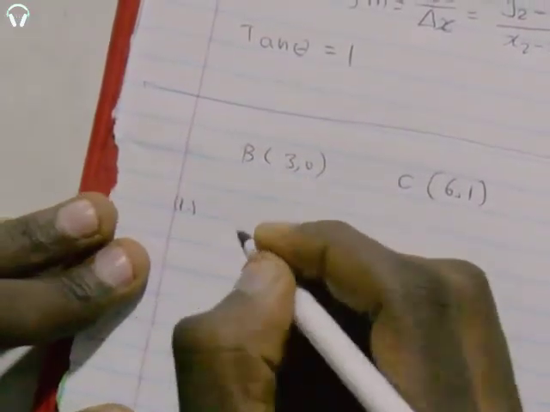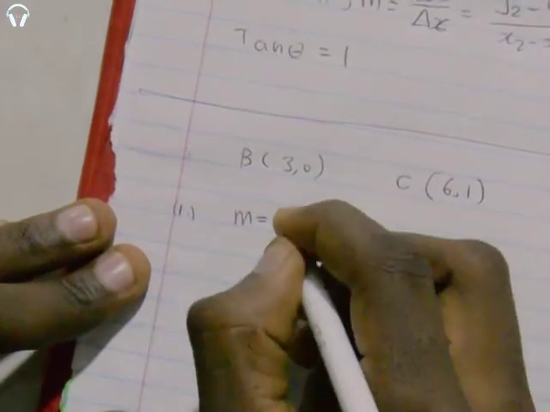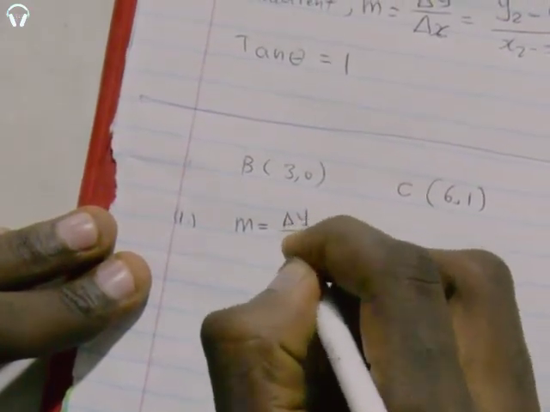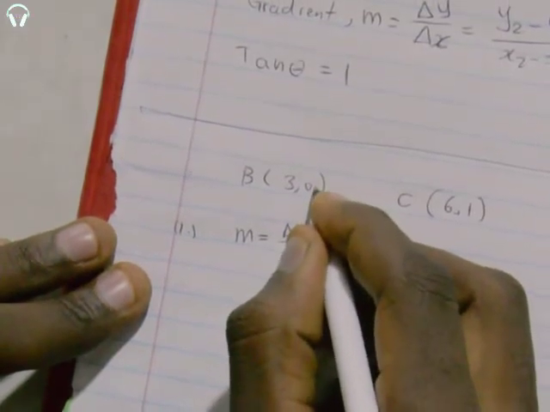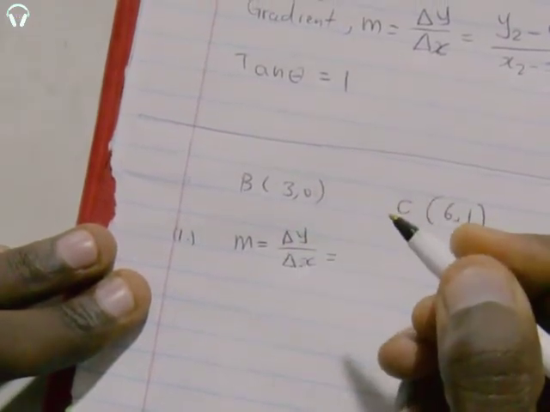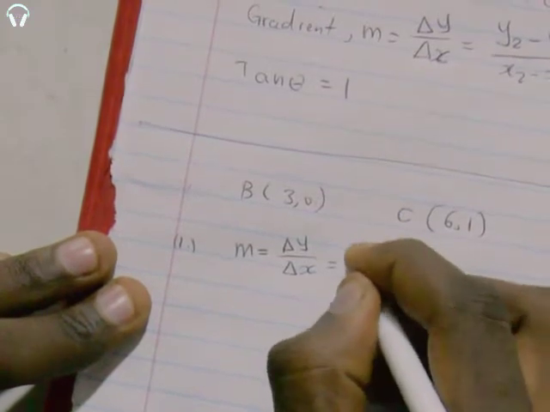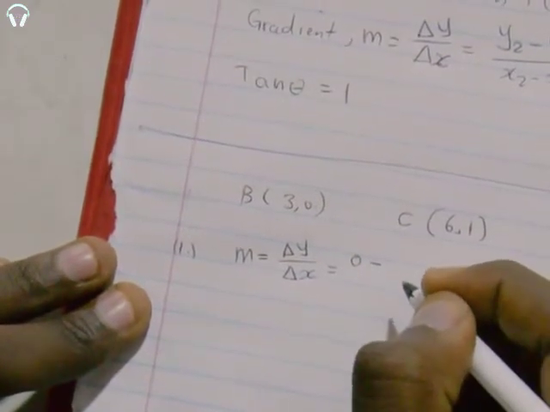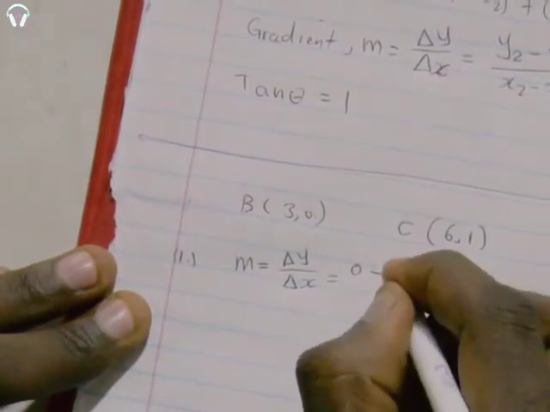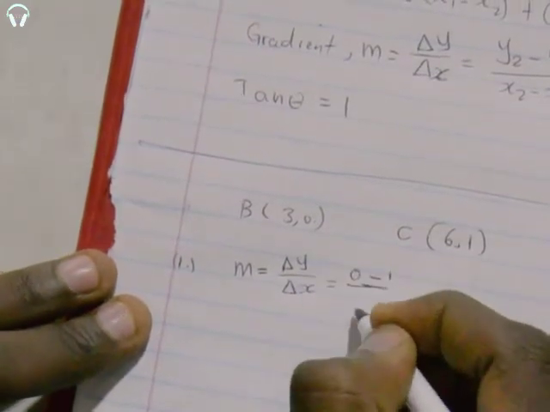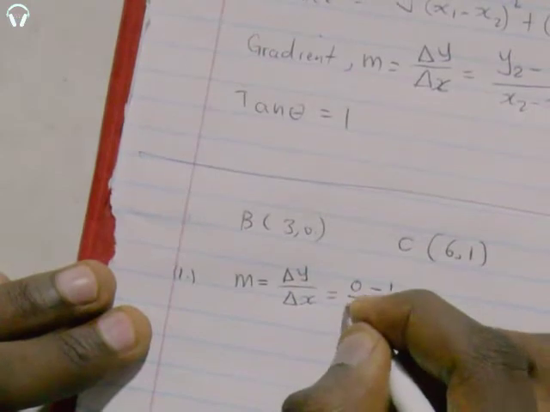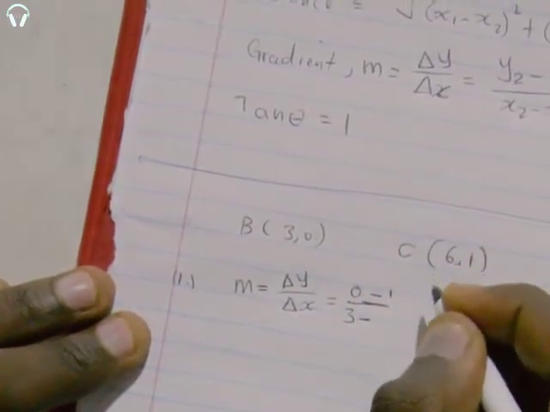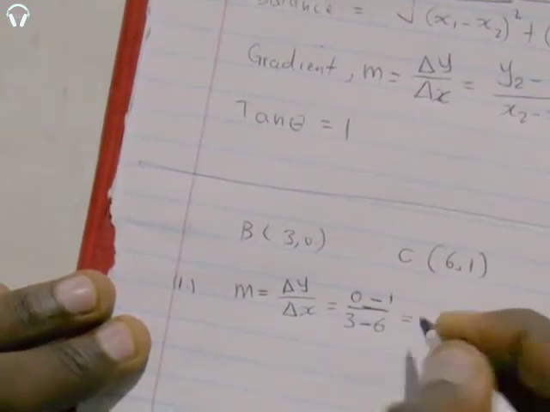So the gradient of BC will be the change in y over the change in x, which is 0, the y coordinate of point B, minus the other y coordinate of point C, which is 1. And the change in x is the x coordinate of point B, which is 3, minus the x coordinate of point C, which is 6.